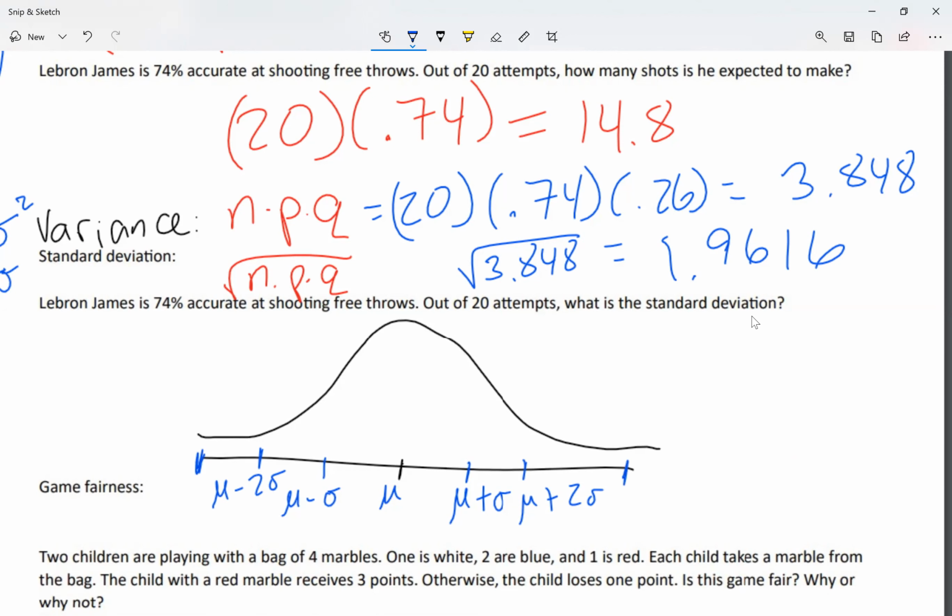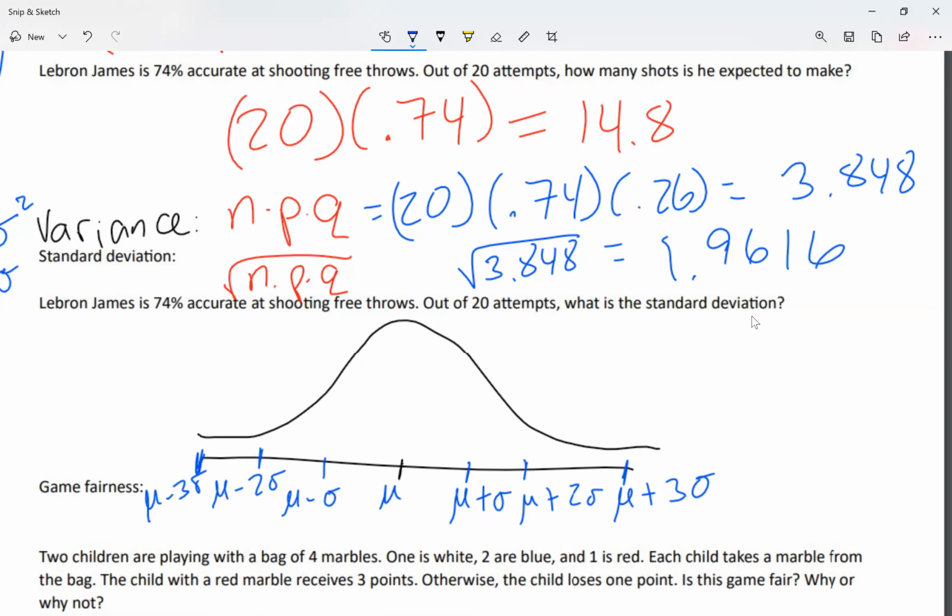What if I go mu minus 3 standard deviations and mu plus 3 standard deviations? Then I will tell you, oh, that's 99.7% of our data.